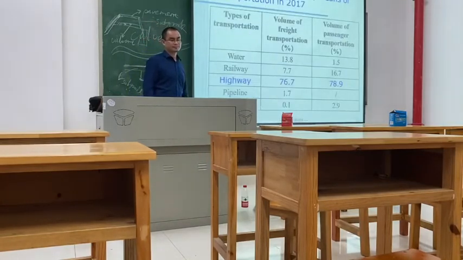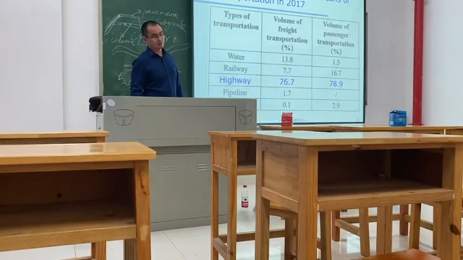Amazing. In 2017, highway is the most important type of transportation, because the ratio of volume of freight transportation is 76.7%, and the ratio of volume of passenger transportation is 78.9%.